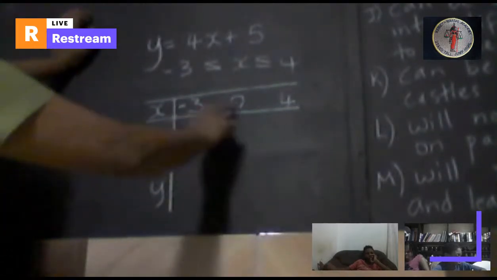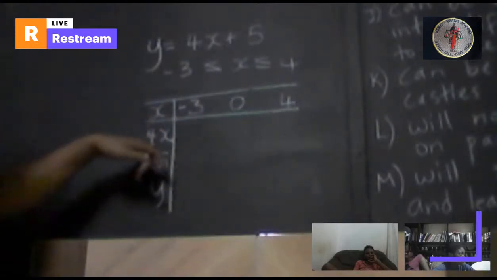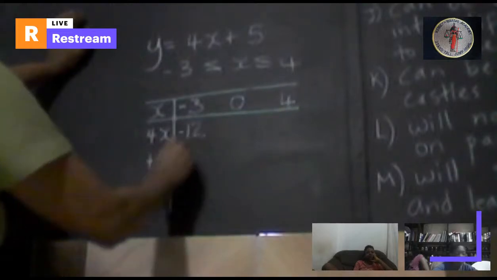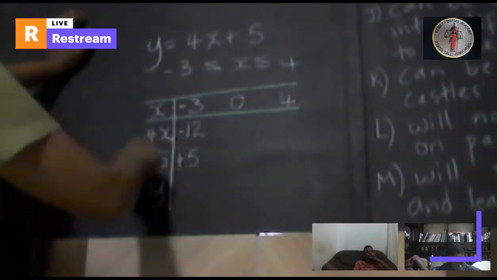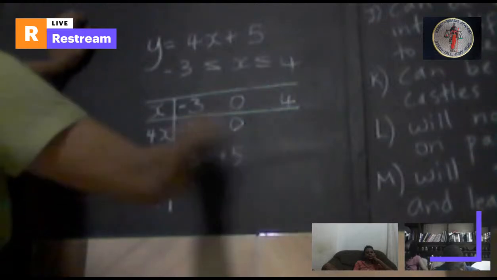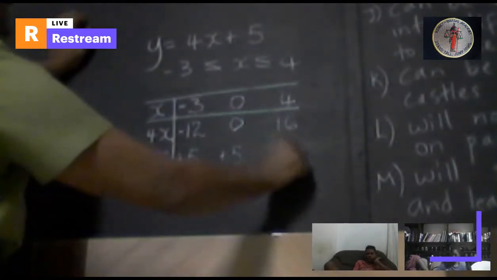So multiply each of these by 4. Negative 3 times 4 is negative 12, plus 5. 4 times 0 is 0, plus 5. And 4 times 4 is 16, plus 5.